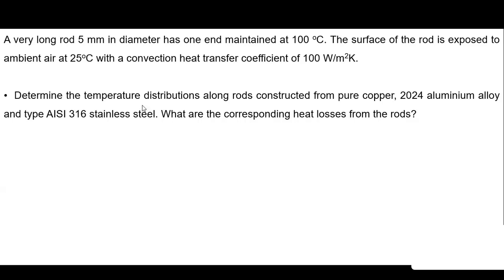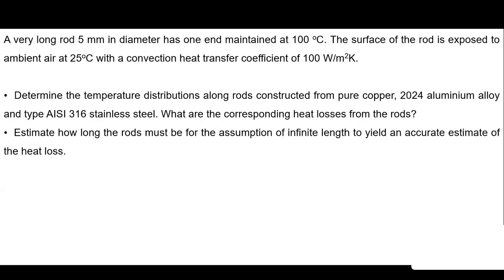So there are three different materials for which we have to find out the temperature distribution for a very long rod. Theta upon theta b is equal to e to the power minus mx. What is the corresponding heat loss from the rod? What is the rate of heat loss from each of the rods? So let us do it.